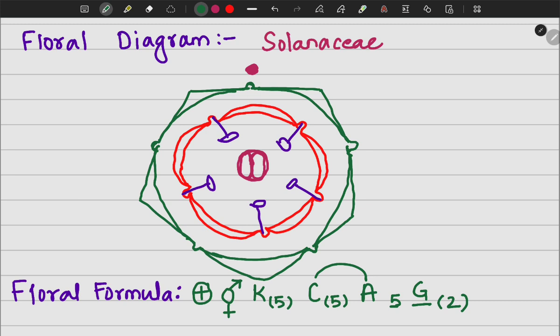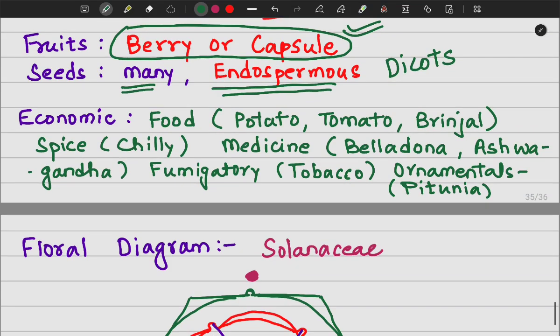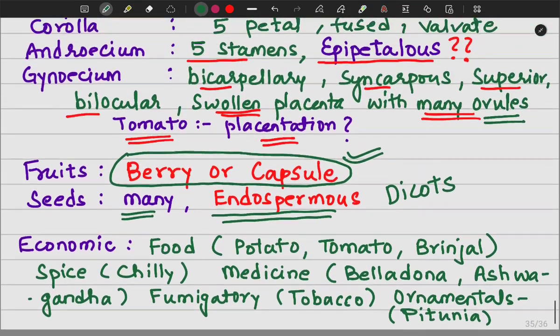All right, so this completes the floral formula for the Solanaceae family. So I hope all these terms along with the examples and floral diagram and floral formula are clear to you about the Solanaceae family. Now let us learn about the economic importance.